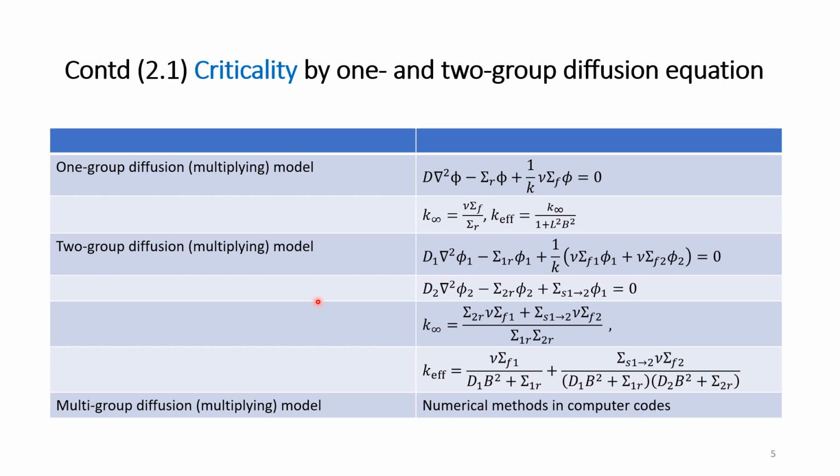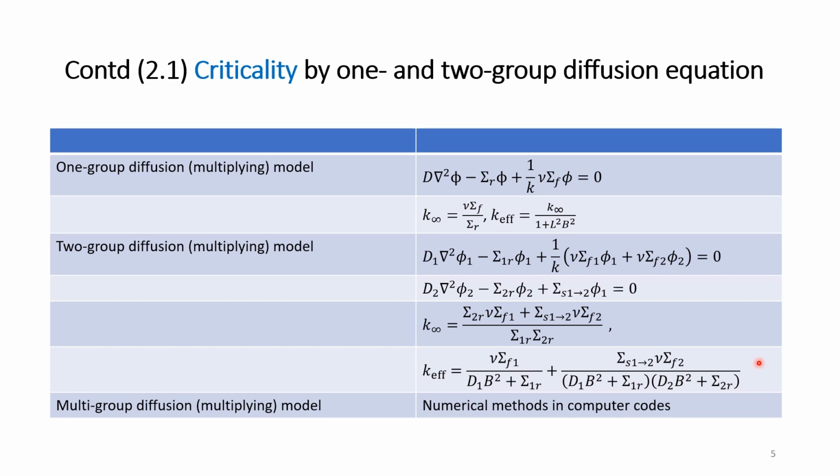And in a better two-group diffusion model, you could see the first group, the fast group, and the thermal group. And this is the relationship for k infinity for an infinite system, but we have a finite system, so we have the leakage terms over here, the fast leakage and the thermal leakage, and so that's how you would estimate.